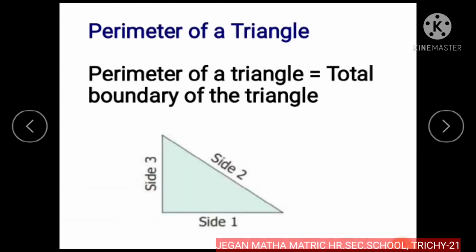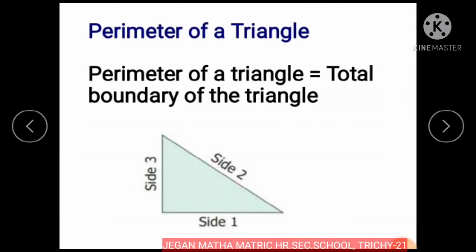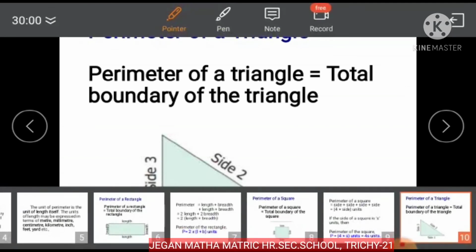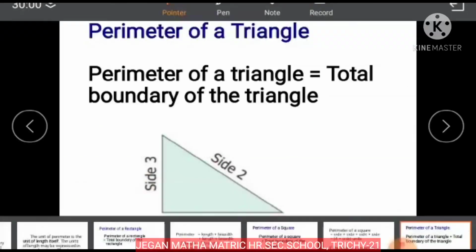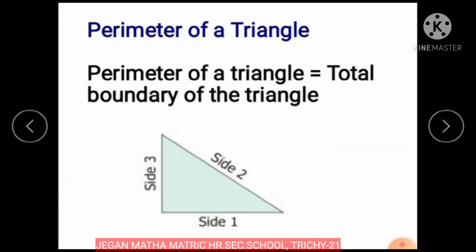Perimeter of a triangle. Perimeter of a triangle equal to total boundary of triangle equal to side 1 plus side 2 plus side 3.